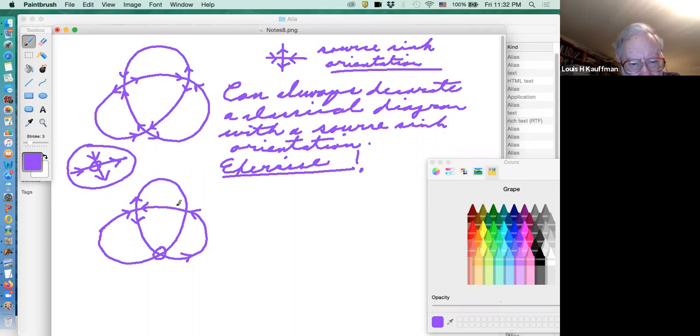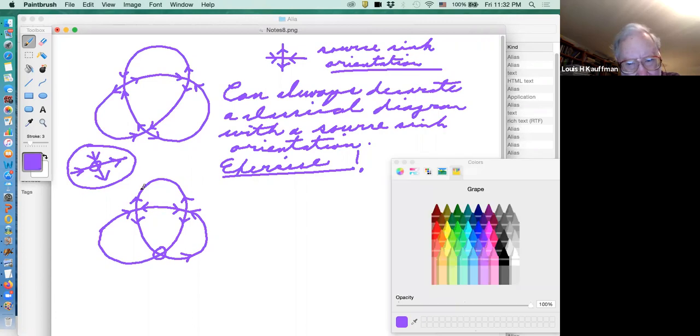But then that's going in, so this should be going in, this should be going out, and this should be going out, and that determines what happens there. But now we're in trouble, right? We have this cut point where the orientations don't work, and we have this cut point where the orientations don't work.